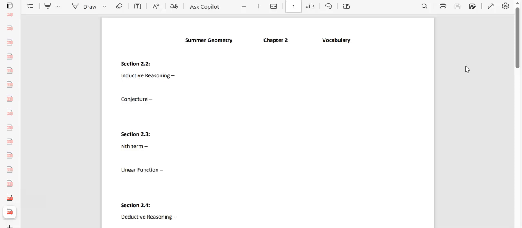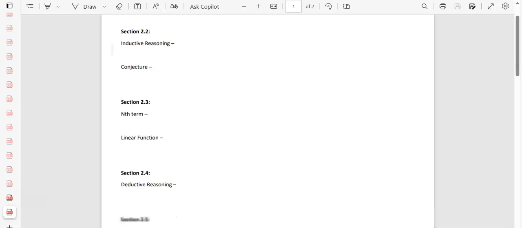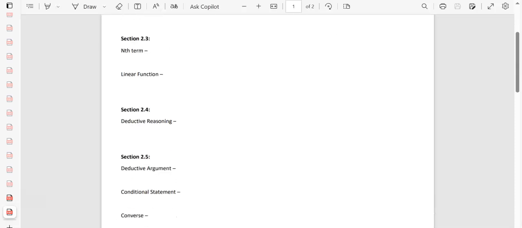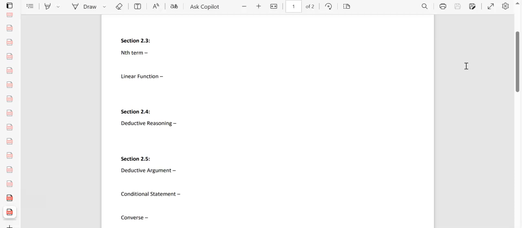Okay, so a couple things that we had in lesson 2.2 that we want to make sure we know. So what is the idea of the nth term? And this is what we're going to be finding in a minute. But this is the idea of we are finding a rule.